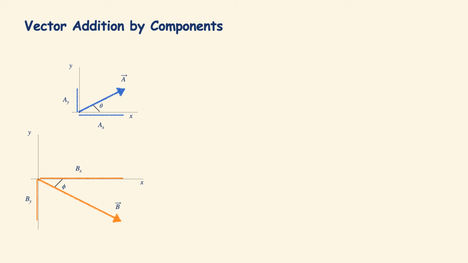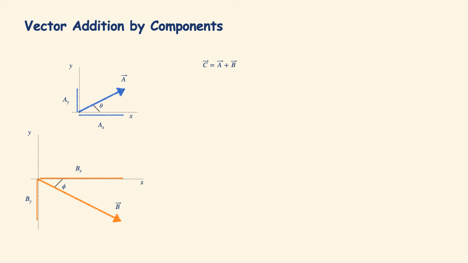And let's say we have done the same thing for the vector B. We knew its own angle here, probably phi, not necessarily the same as theta, and we have calculated its components Bx and By. Now the question is, what is the sum, the vector C, that is really A plus B?